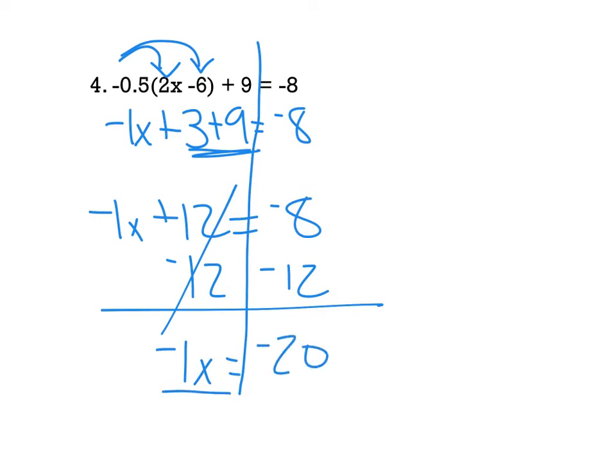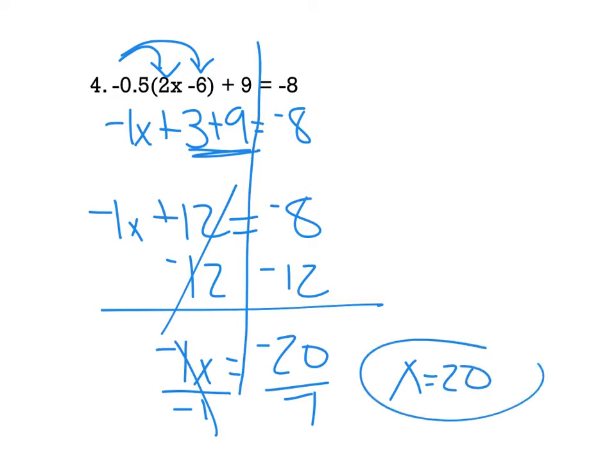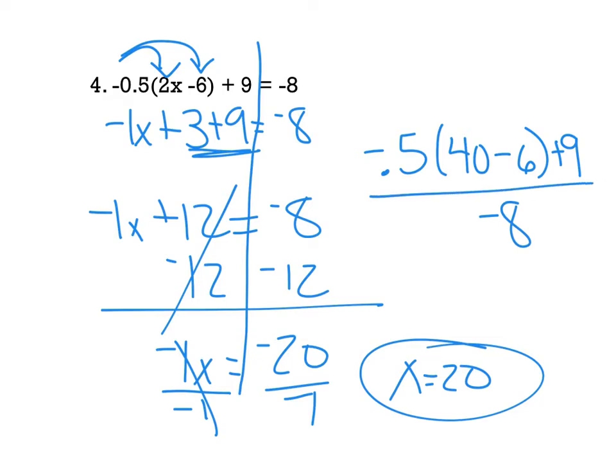Okay, then you're going to divide by -1, and x equals 20. If you put that in your calculator to check out, it will be 40 minus 6 plus 9, and then you're going to get negative 8 if you put all of that in.